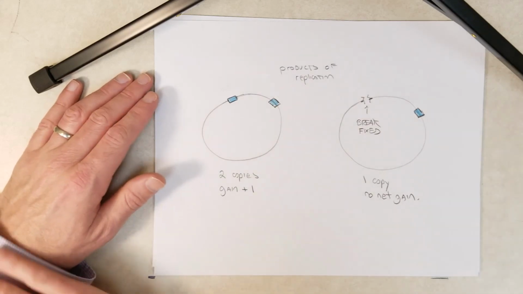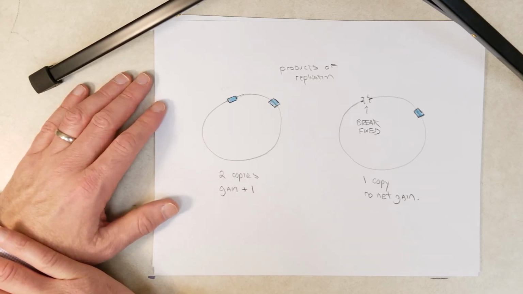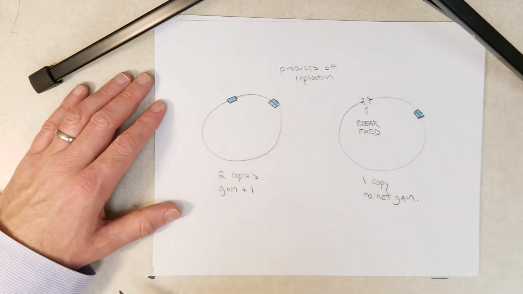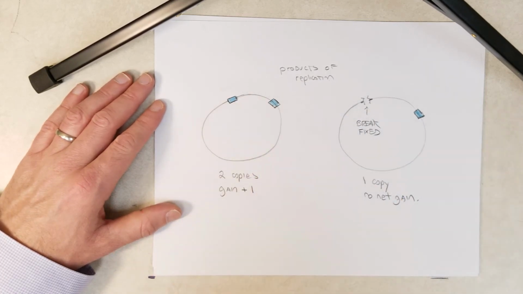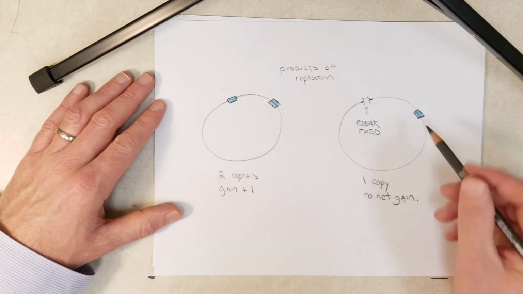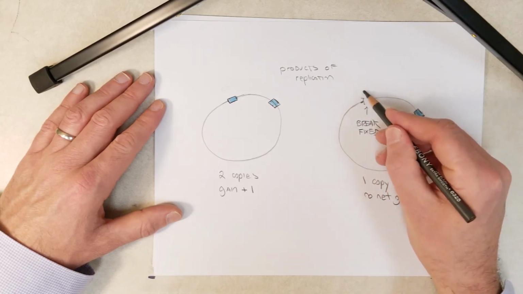Because of where the replication forks were relative to the movement of the transposon, we have 2 products of replication. Region 1 and region 2 both have a copy in one product of replication, and the other one has a copy in region 2, but no copy in region 1.